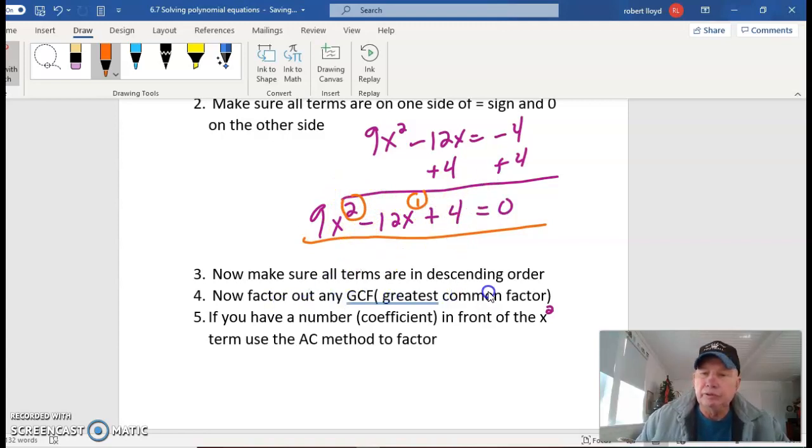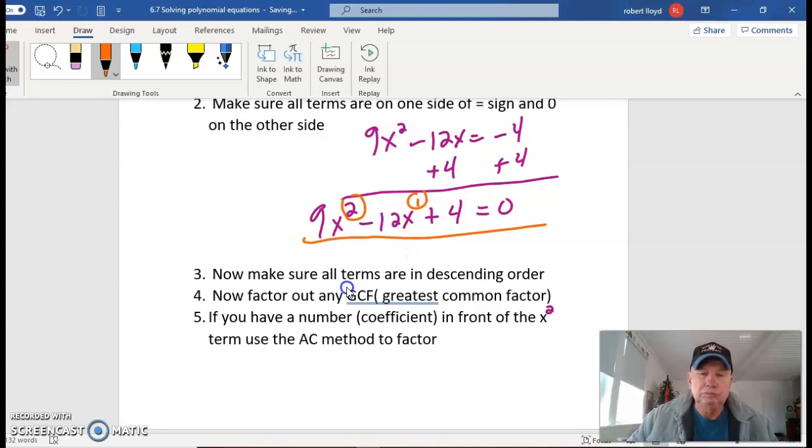Now factor out any greatest common factor if there is one. So here we don't have a common factor. There's no variable in each of them, so we can't take that out. There's no factor that we can divide evenly into 9, 12, and 4.